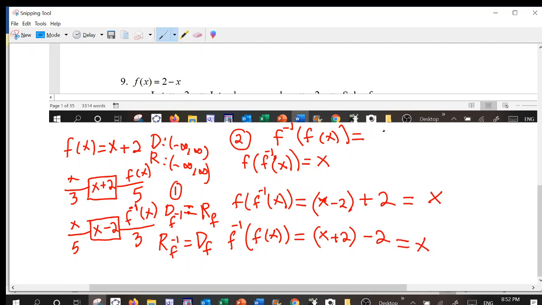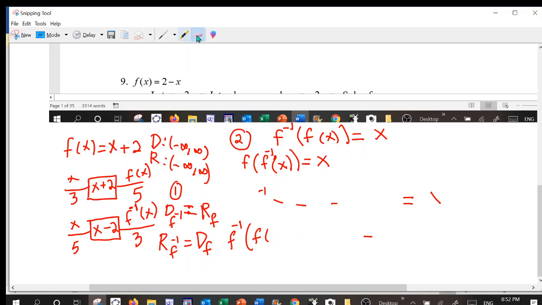And this is always true. So that's another property of inverses: if you compose the two inverses, you get x in either order. That shouldn't be very surprising because they cancel each other, so it shouldn't be surprising that you get this result.